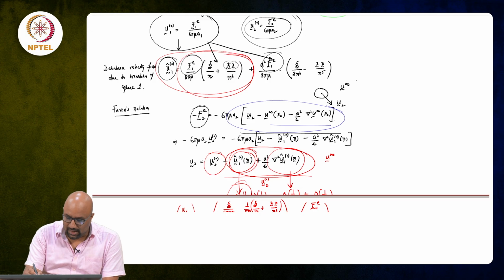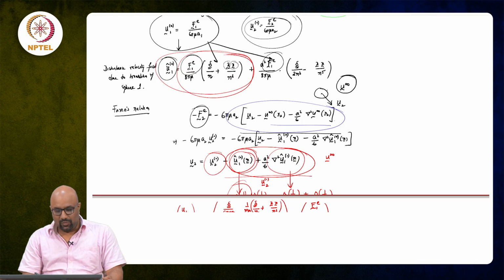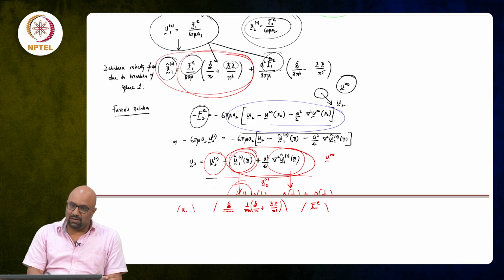So, there is an external flow u infinity, which is now the flow field that is generated by the translating particle, which is sphere 1. So, we go back and use Faxen, and by using Faxen we are able to actually find that sphere 2 does not fall with its isolated terminal velocity, but there is a correction.